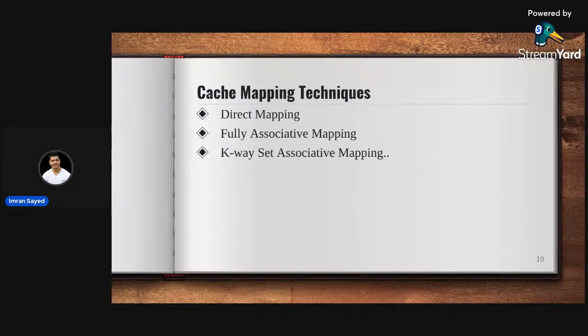In K-way set associative mapping, as the name suggests, each of the lines in the cache memory are grouped together in the form of sets, and these sets are mapped with the blocks from the main memory. I will show you in a moment with an example.